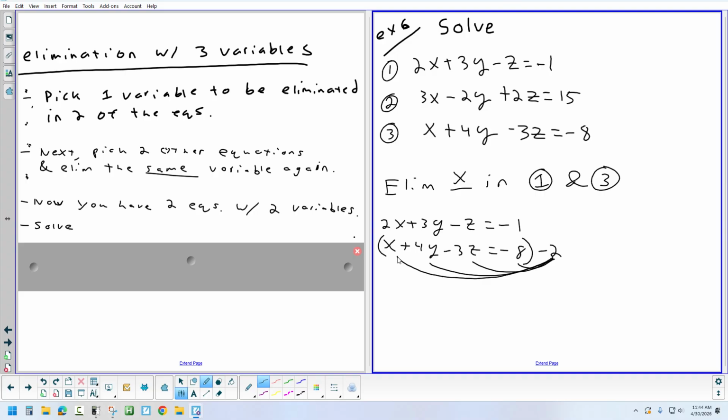Okay, so top equation, we're going to keep exactly the same. 2x plus 3y minus z equals -1. If you make an error on this, most of your error is going to come from copies, because there's a lot of copying. The calculations themselves are very easy. Just basic addition and multiplication.